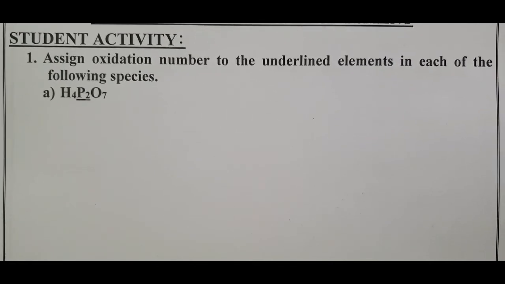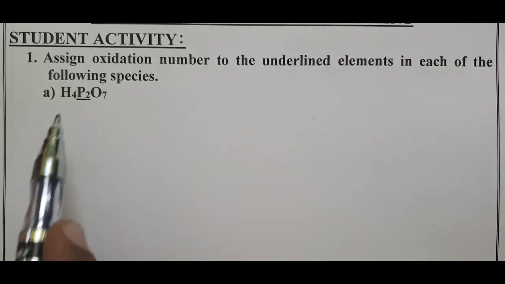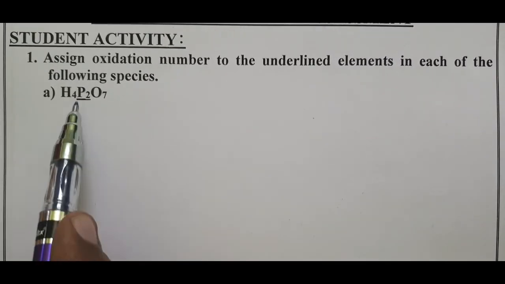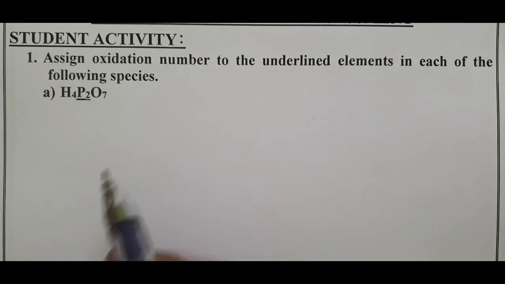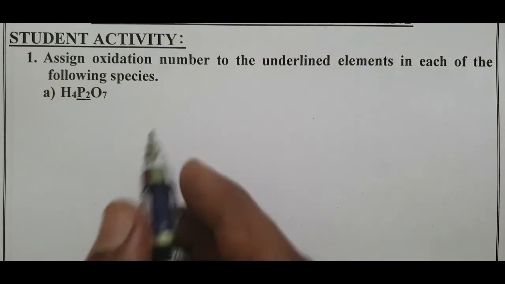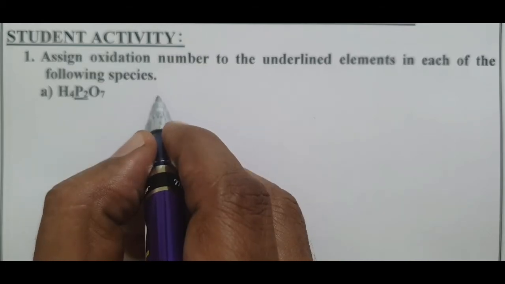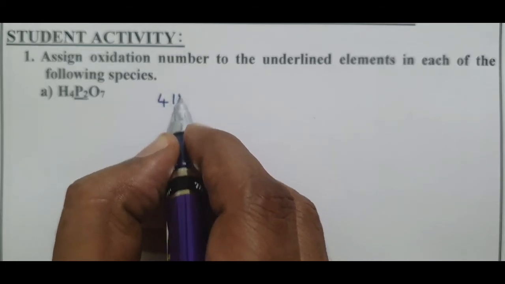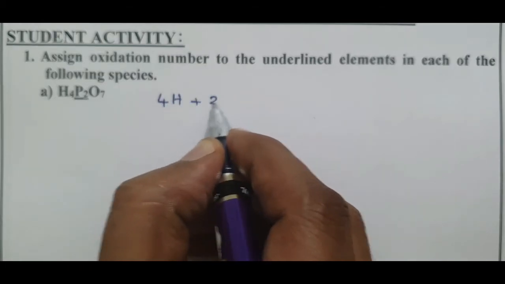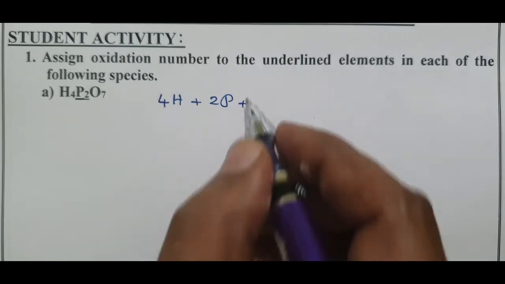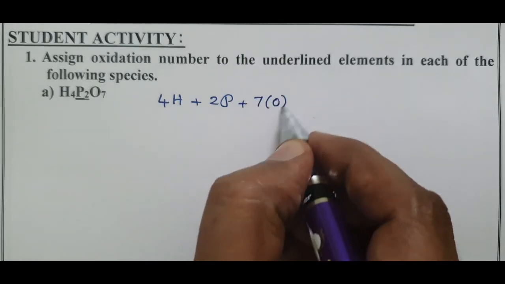H4P2O7, pyrophosphoric acid. We have to determine the oxidation state of phosphorus, which is underlined. Now separate the atoms with a plus sign: H4P2O7 containing 4 hydrogen atoms plus 2 phosphorus atoms plus 7 oxygens.